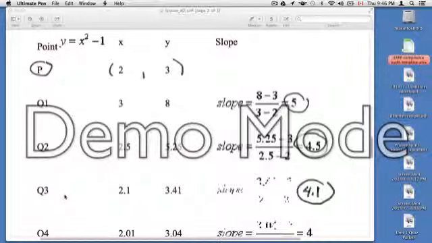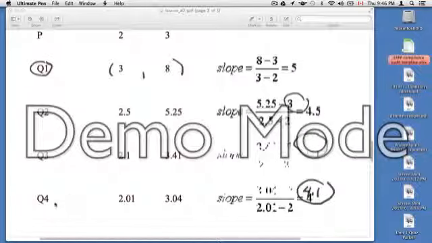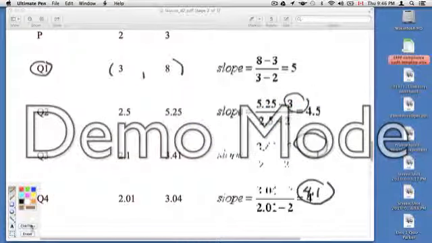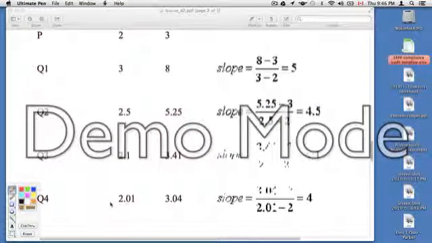So if I keep going even closer, I'm going to erase this and check out my fourth point. Well, now I'm only 1/100th away from my x value and 4/100ths away. And essentially, if I round it, I'm going to get a slope of 4.